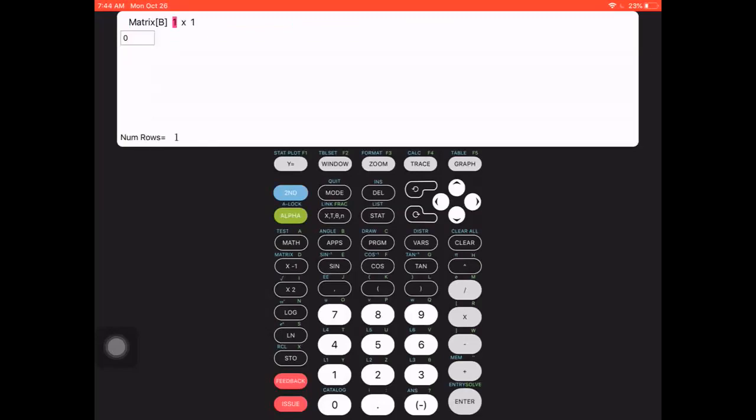And our dimensions of our second matrix were 3, 1. So I'm going to click 3, enter, 1, enter. Boom, there's my 3x1 matrix. And then we plug in the numbers that we had for our second matrix, which were 15, 9, and 5.